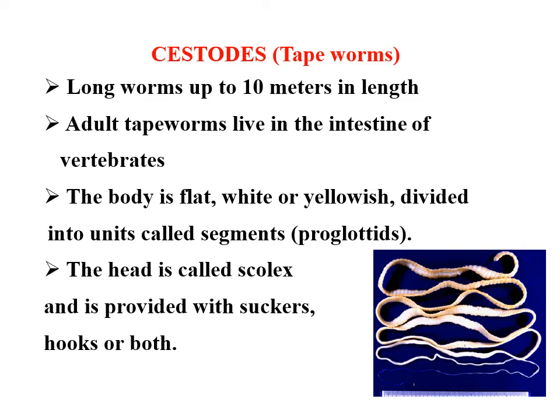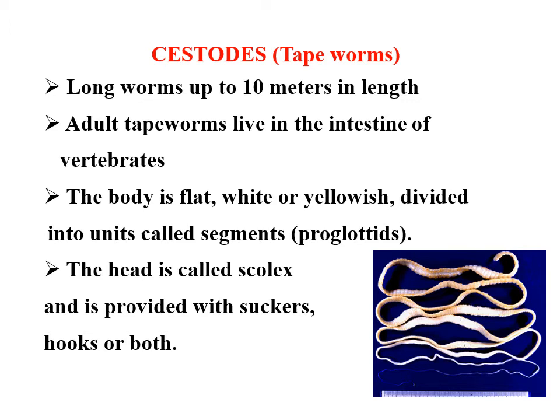All the important ones in the order Cyclophyllidea are characterized by a scolex which is somewhat rounded and has four suckers, and in the middle there may be a retractable portion known as the rostellum, and this rostellum may be armed with hooks and spines.